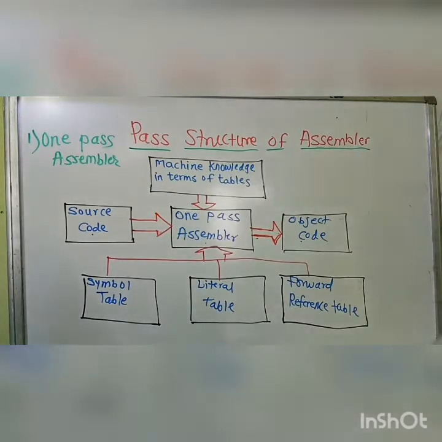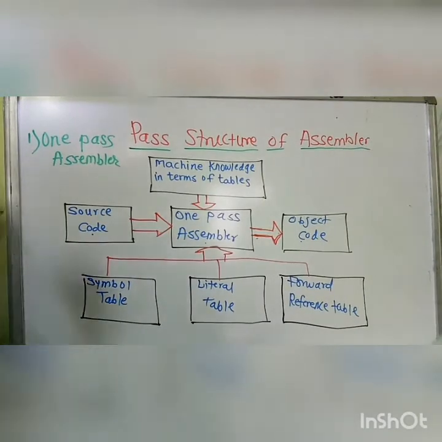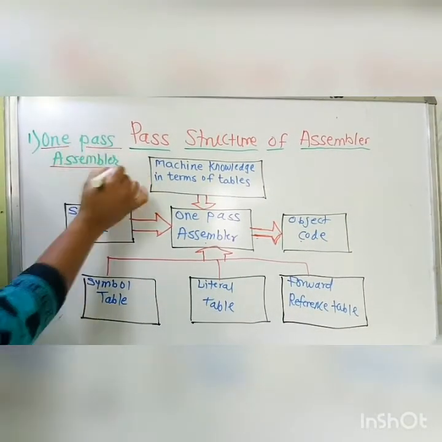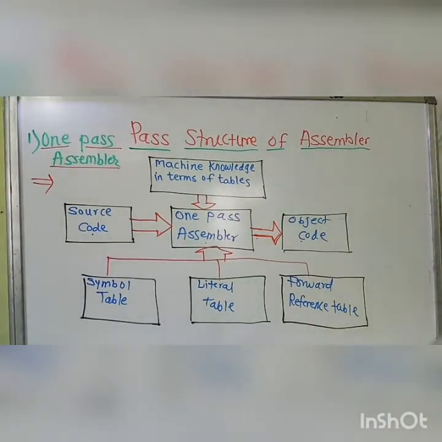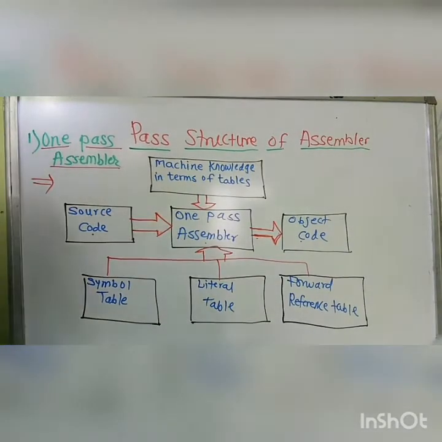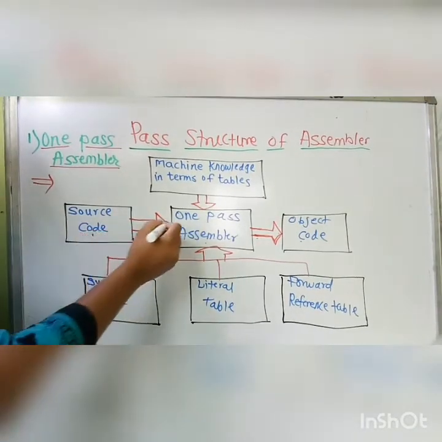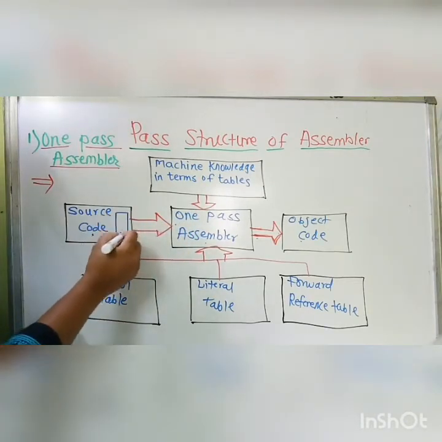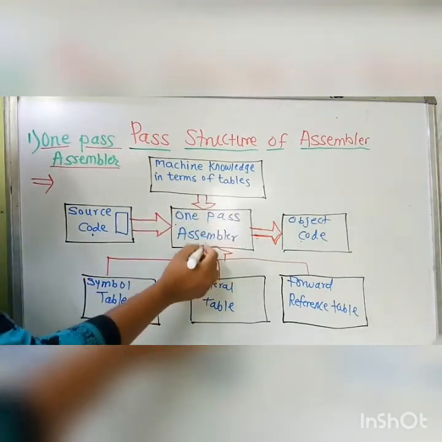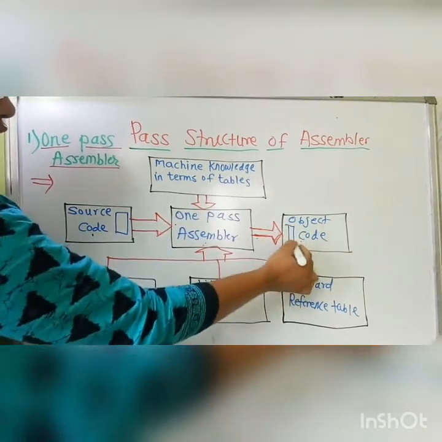Now we will see the first type of pass, the one pass assembler. A one pass assembler is an assembler which goes through the assembly language program once and generates the object code. Here, the source code is passed to the assembler, which takes the whole program as one bundle and, using assembler directives, converts it into object code.